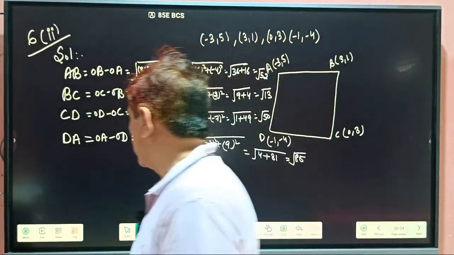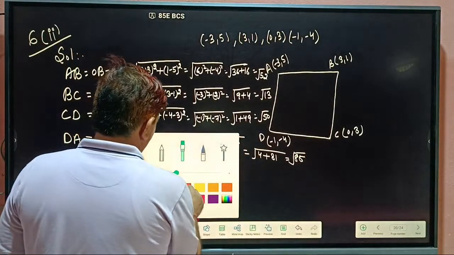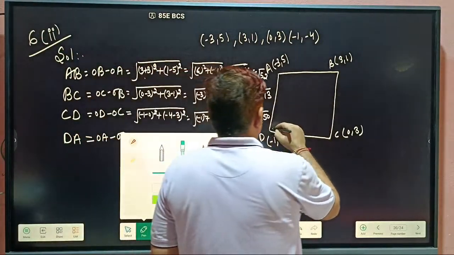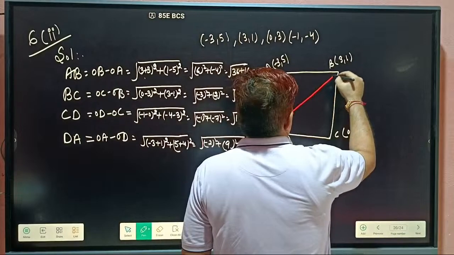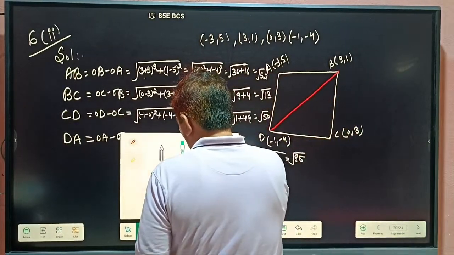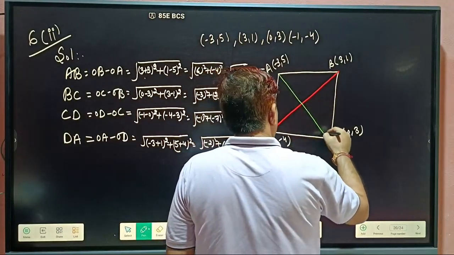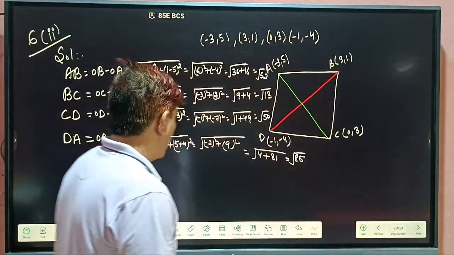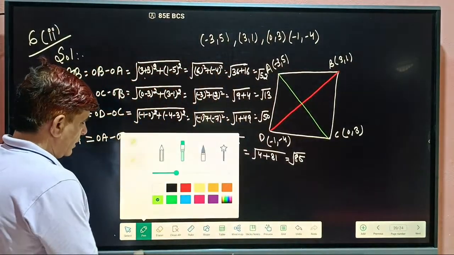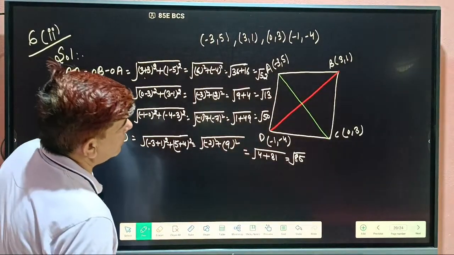Now we will check its diagonals. Is there any relation between these diagonals or not? If there is no relation, then directly we can say it is a quadrilateral, but we cannot say which type of quadrilateral this is.